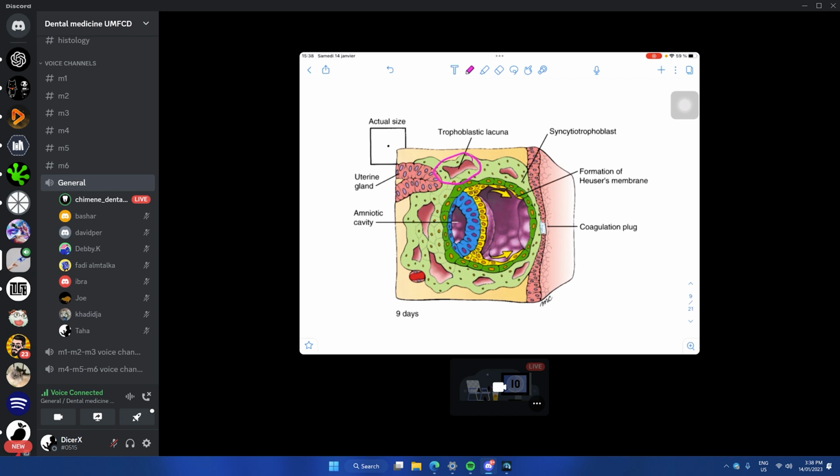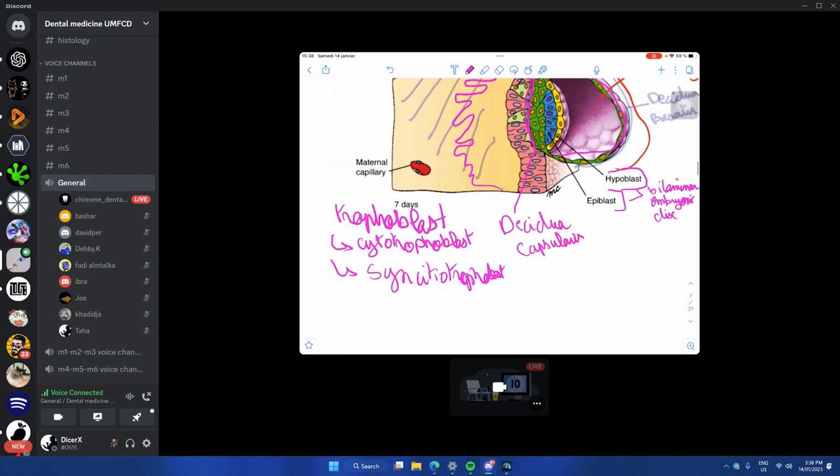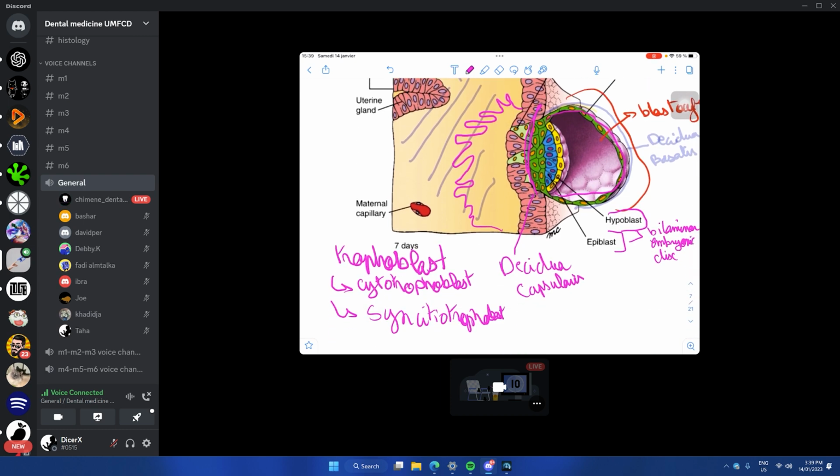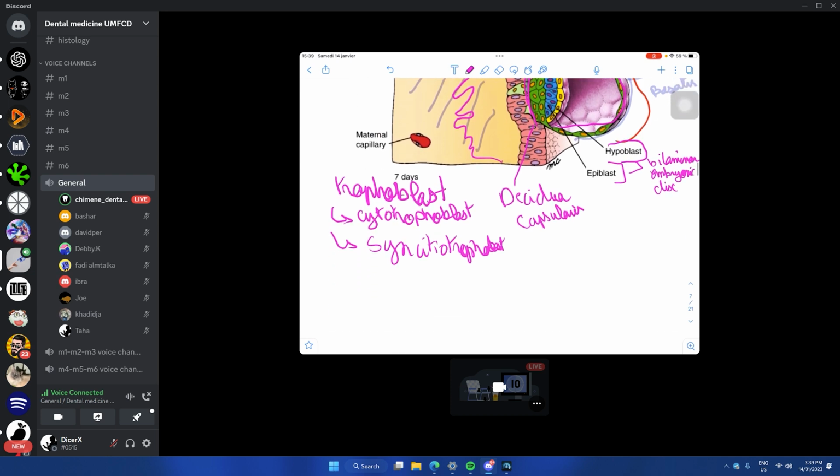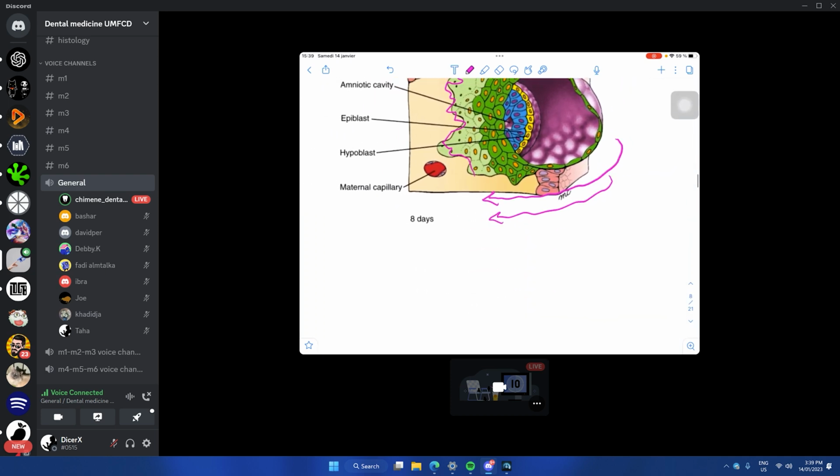Those lacunae will not be empty, but will be filled with blood. Where can this blood come from? This blood will come from the maternal artery. Please don't forget, this is the epiblast in blue, and this is the hypoblast. You also have my notes on the Google Drive, in my source documents.